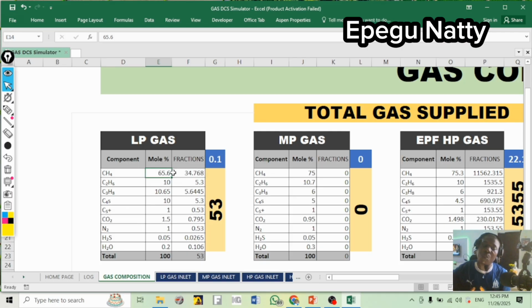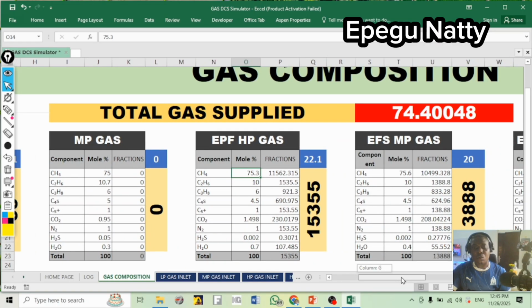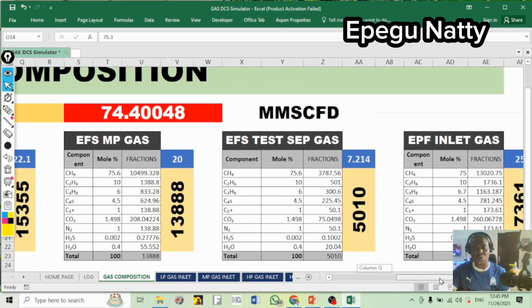Like I said, above 75% is going to be your lean gas or thereabouts, from 75% to 90% or thereabouts. Now this is 65, so definitely you can categorize this as your rich gas. Now the second one is a lean gas, third one is a lean gas, fourth one, fifth one, sixth one, these are all rich gas.